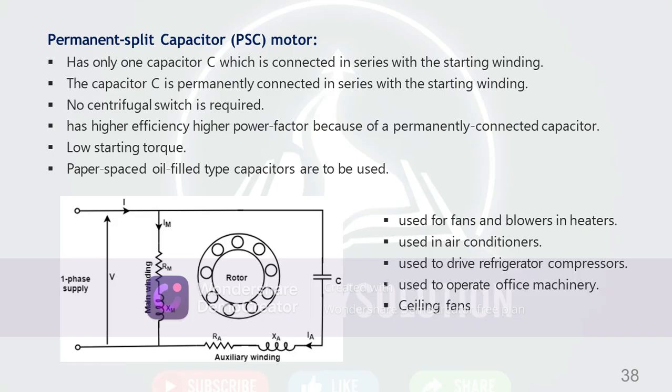Permanent split capacitor, PSC. Only one capacitor is connected in series continually, permanently with the starting winding. No centrifugal switch is required. It has high efficiency and higher power factor because of the permanently connected capacitor, but low starting torque.